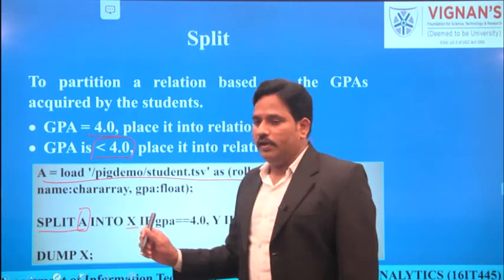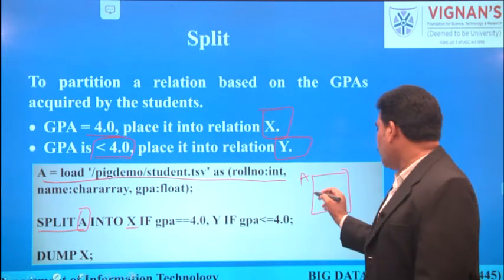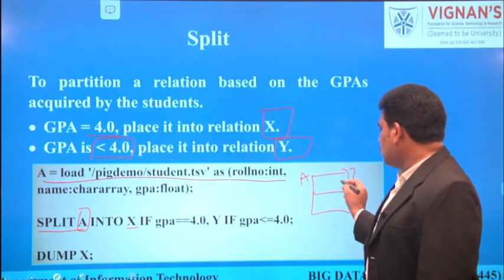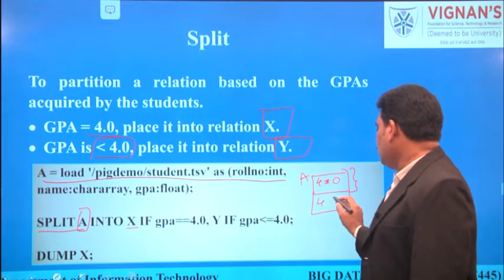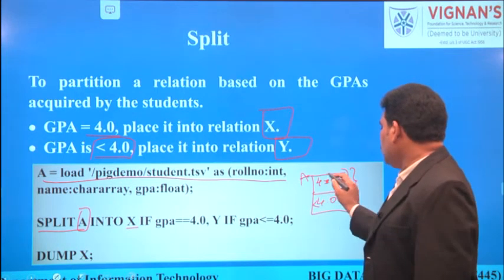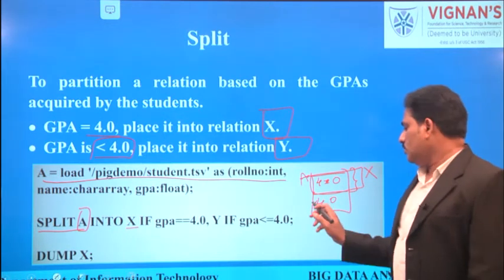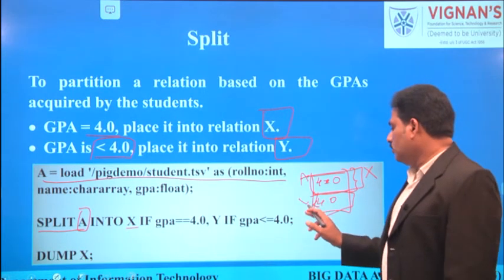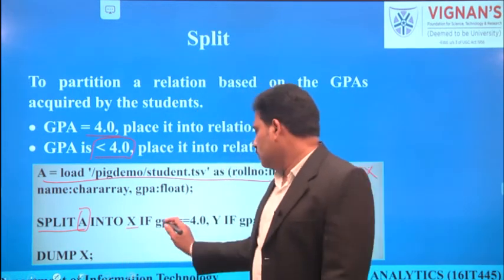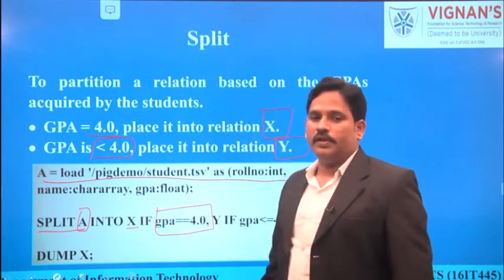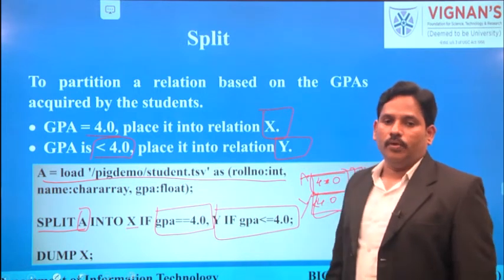Here we are dividing a relation called A into two parts. All the records with GPA equal to 4.0 are going to be kept in relation X, and the remaining values based on the condition are going to be kept in Y. So: split A into X if GPA is equal to 4.0, comma, Y if GPA is less than 4.0.